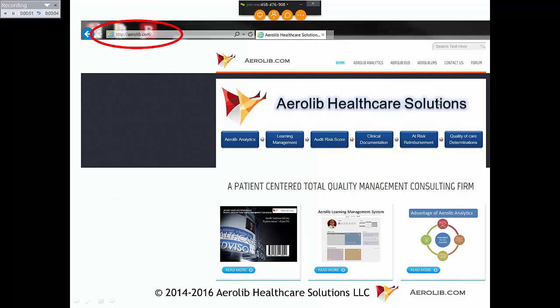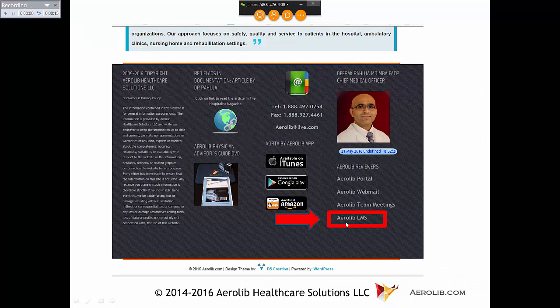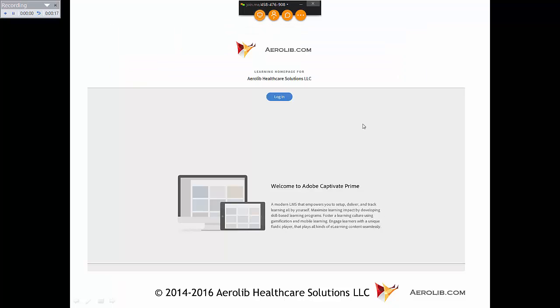So for some of the people on the call, they have access to the learning management system. They have a subscription to it, and it's an easy way to get onto it. Go on to aerolib.com, scroll down to Aerolib LMS, and then it opens up this Adobe Captivate login page. Most of the people on the call already have logins for this.